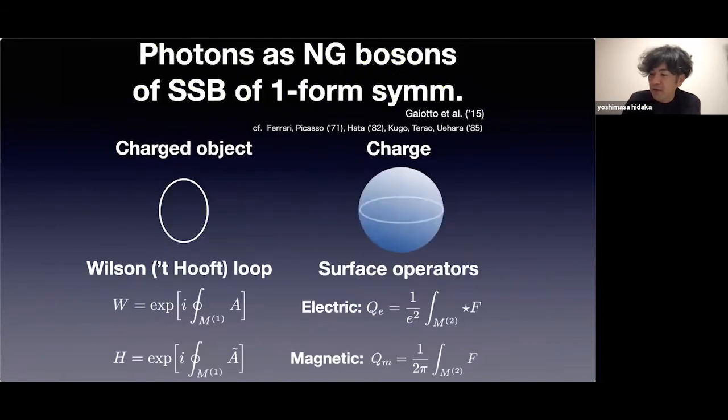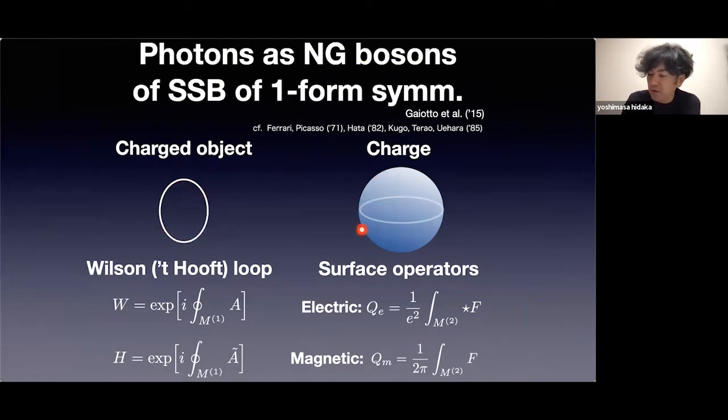So actually, if you use this notion, the photon can be identified as a Nambu-Goldstone boson associated with the so-called one-form symmetry. That is the p equals 1 case. So the charged object is one-dimensional.